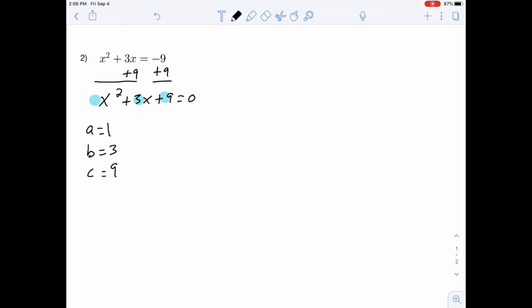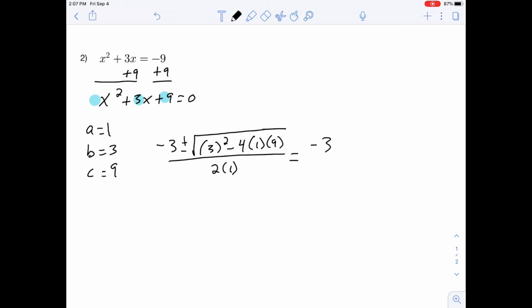So now we're going to go ahead and plug into our quadratic formula. So we have -b plus or minus the square root of b squared minus 4 times a times c, all over 2a. So now let's go ahead and simplify this. So we have -3 plus or minus the square root.